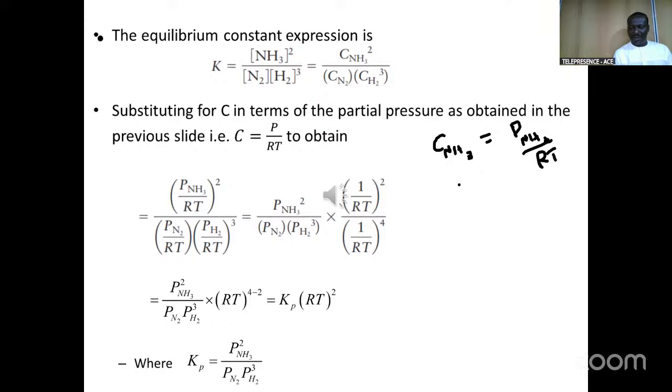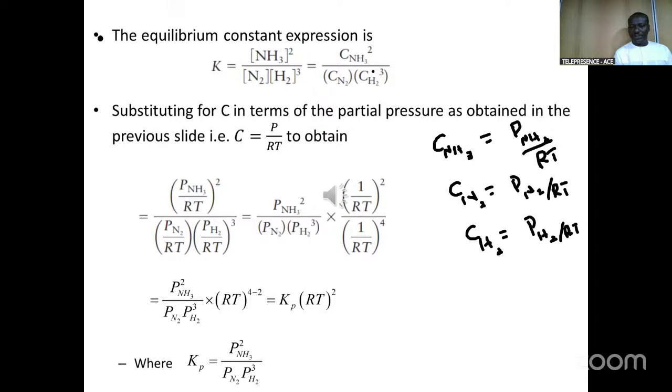Similarly, the concentration of nitrogen will be equal to the pressure of nitrogen over RT. And of course, the concentration of hydrogen will be equal to the pressure of hydrogen over RT.